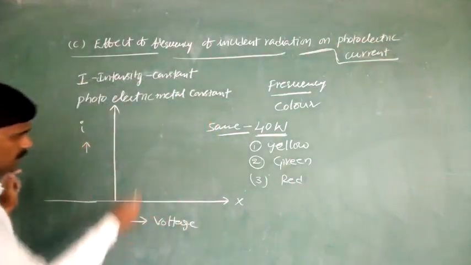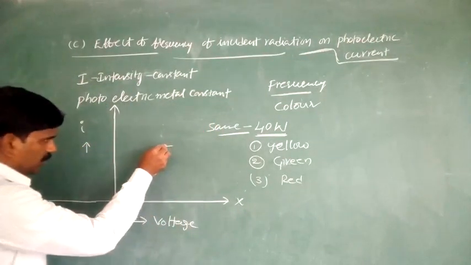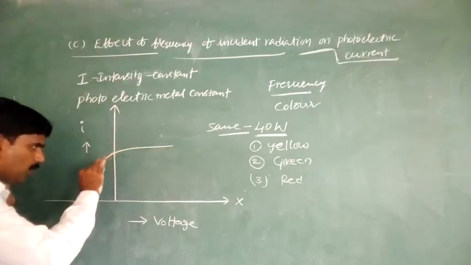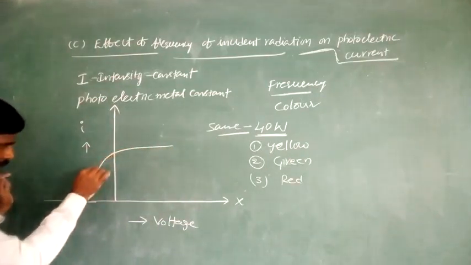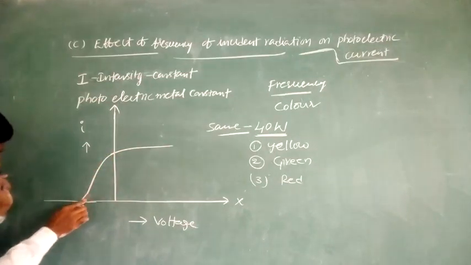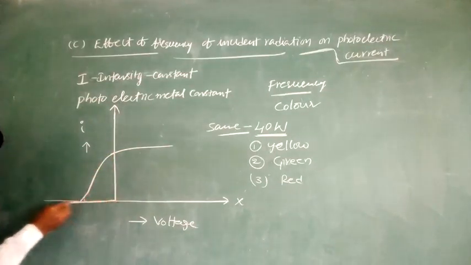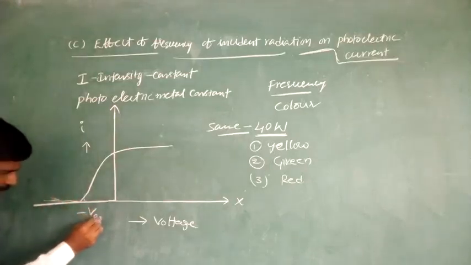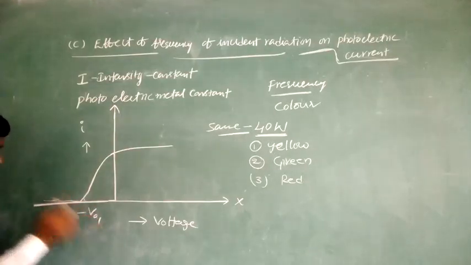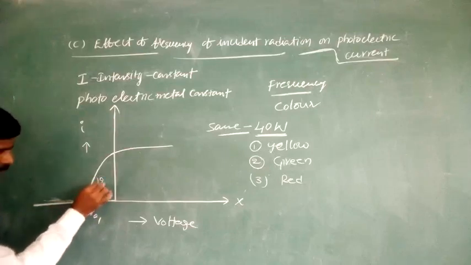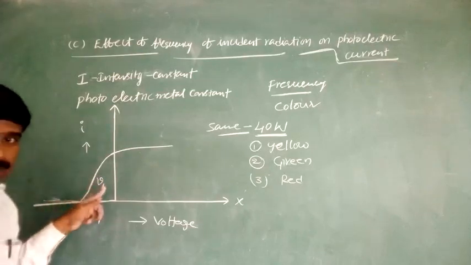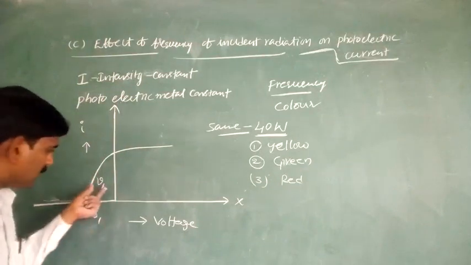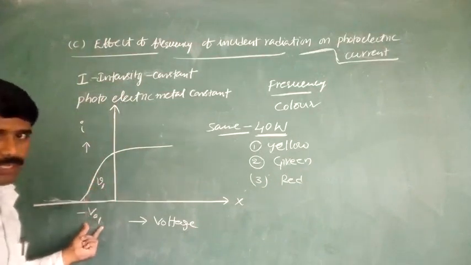Here also we get a saturation current like this, for the frequency nu1. This is the stopping potential for the first frequency, therefore minus V01.